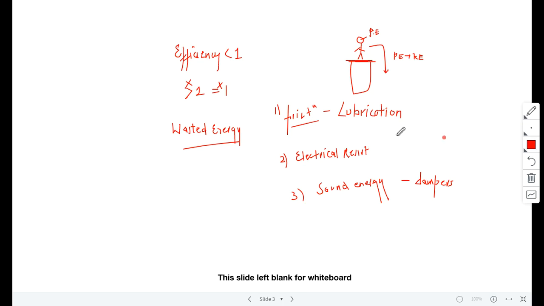Kinetic energy is half times mass times velocity squared. Yes, that's correct. Now, work done in terms of kinetic energy is change in kinetic energy.